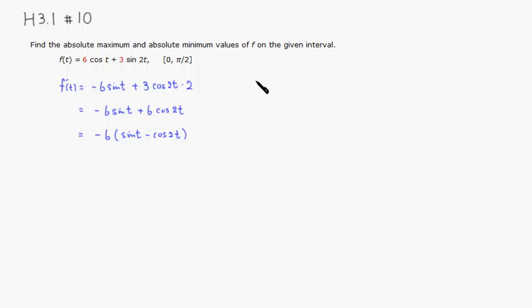Remember that cosine of 2t is cosine squared of t minus sine squared of t. Since the other term is sine, I'm going to rewrite cosine squared as 1 minus sine squared of t, but you have another one, so it's 2 of them. So we can put that in here.